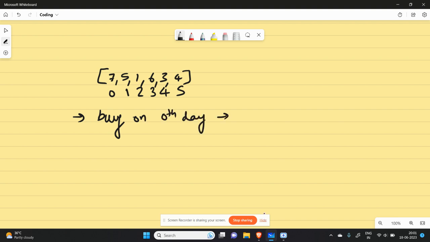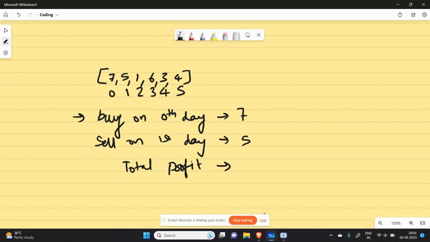So the buy price would be 7 and sell on first day. We just have to perform one transaction and we are selling at 5. So total profit would be, I buy a stock at 7 and I am selling it at 5. So total profit I am making is minus 2.